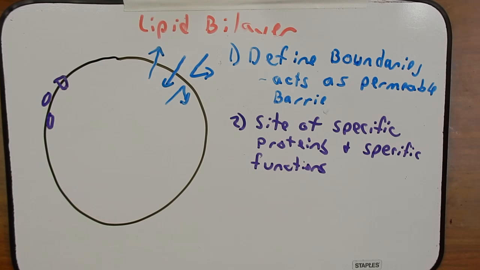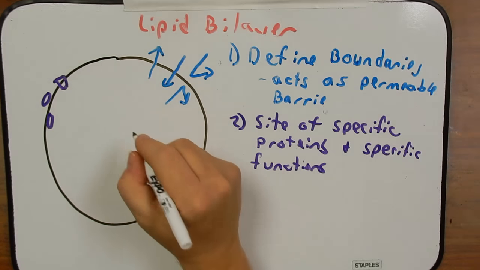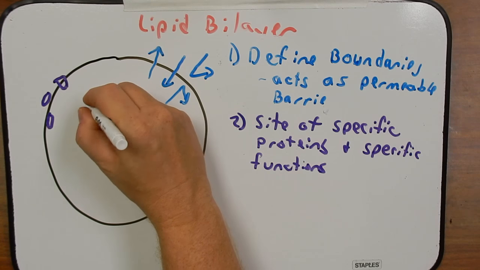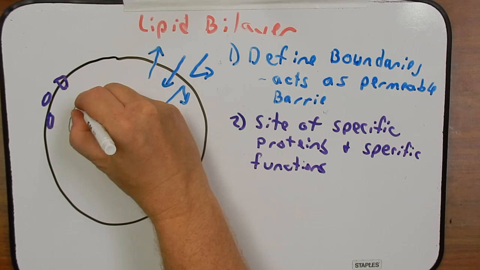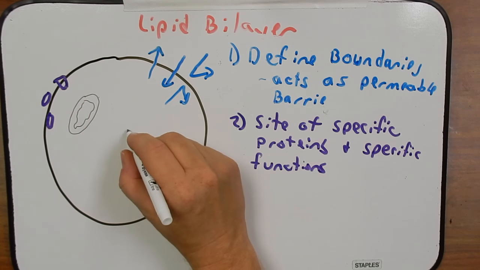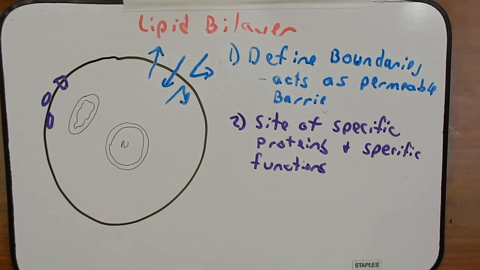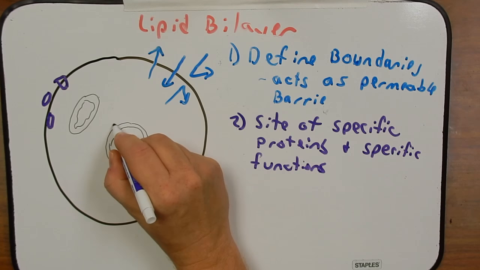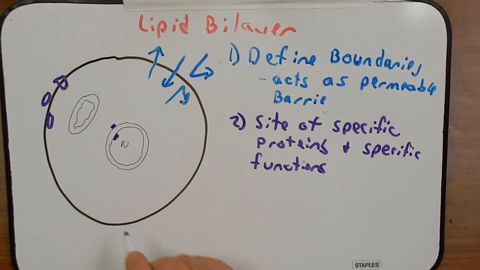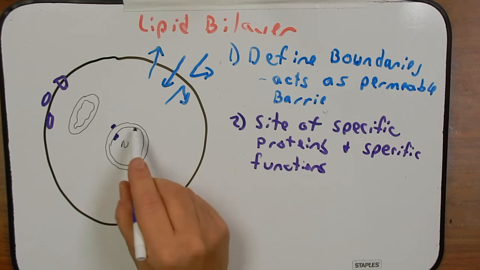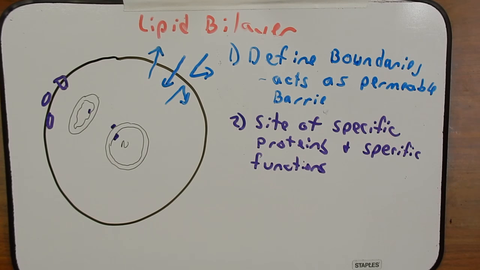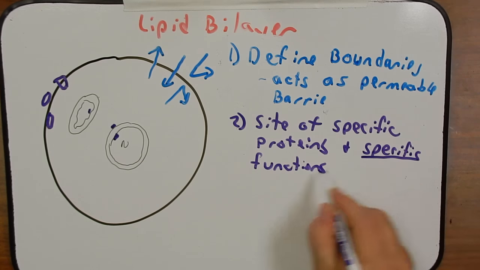We also know from previous classes that within the cell there are different structures. We might have the mitochondria, the nucleus, and all the other organelles that we've discussed. Within each of these organelles, there are proteins specific to the membranes associated with these organelles. And with that in mind, we can talk about specific functions.